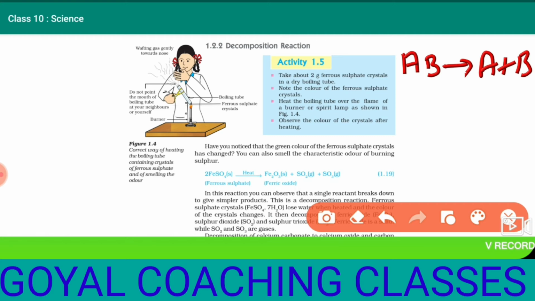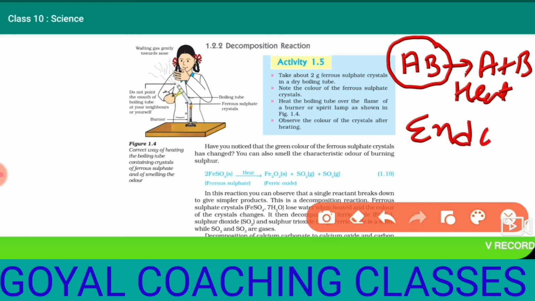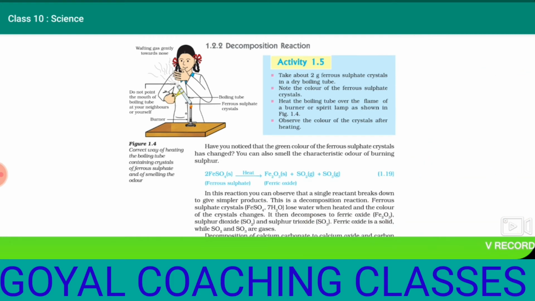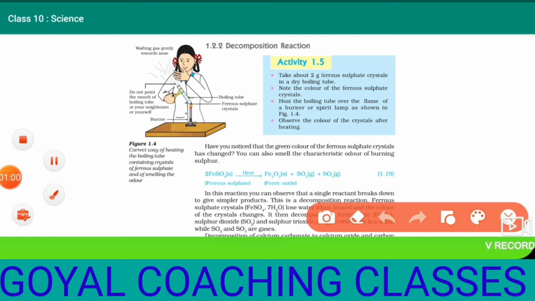Am I right? So it is decomposed, and for decomposition, heat is always required. And when heat has been supplied, usually the decomposition reaction will be an endothermic reaction. Is that clear? So students, let's start with activity 1.5.